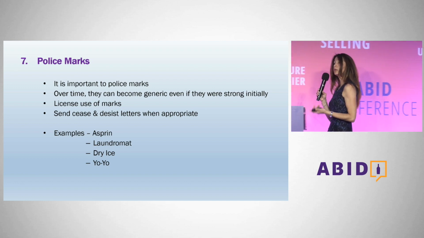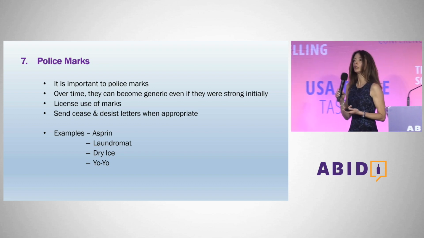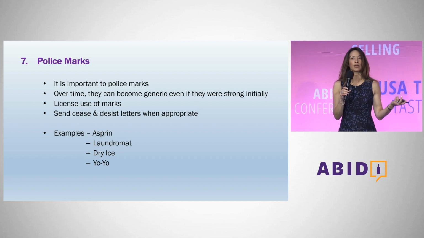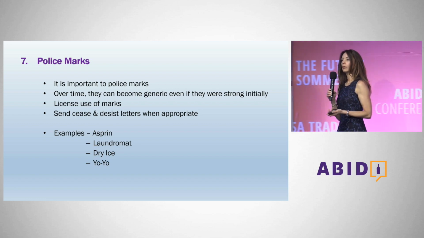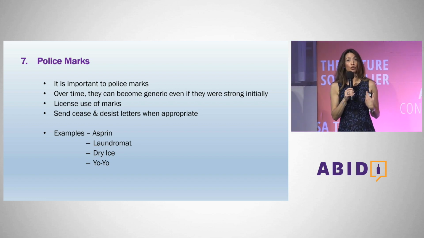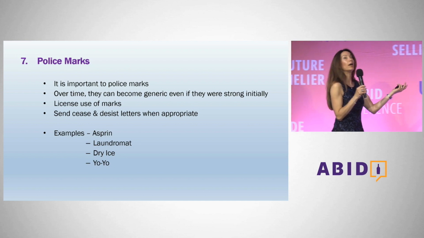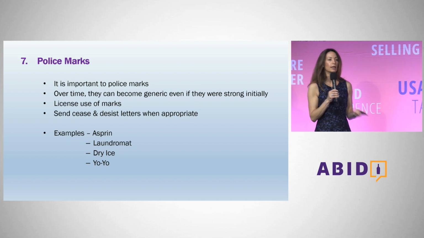Well, at one point, it was actually a trademark. You have another mark, laundromat. People are going to go to the laundromat to do their laundry. Well, now it's an everyday generic term. Dry ice. I didn't know that dry ice was a trademark. I was like, who knew? But it was at one point, and yo-yo. So again, if the marks aren't policed, they can become generic.